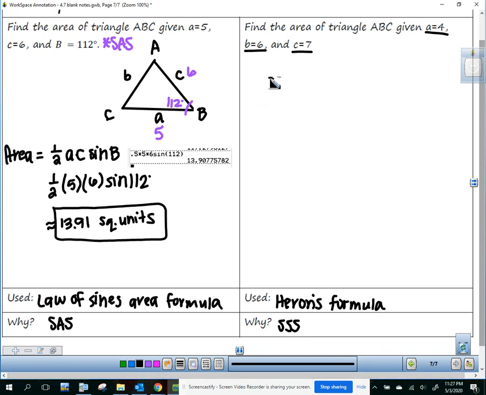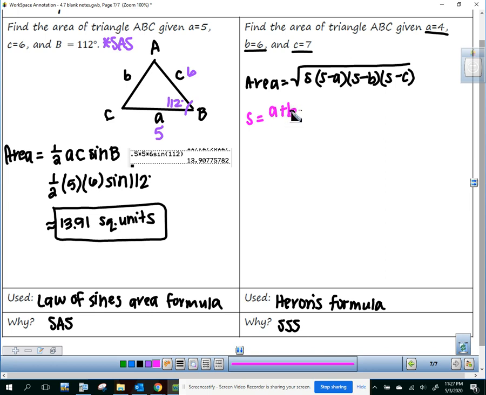I'm just going to jump straight into the formula, which says area is the square root of S times S minus A, S minus B, S minus C. So I'm going to find S first, which remember is adding all three sides to get the perimeter and dividing by 2, because it's the semi-perimeter. So 4, 6, and 7 all divided by 2. That comes out to 8.5.